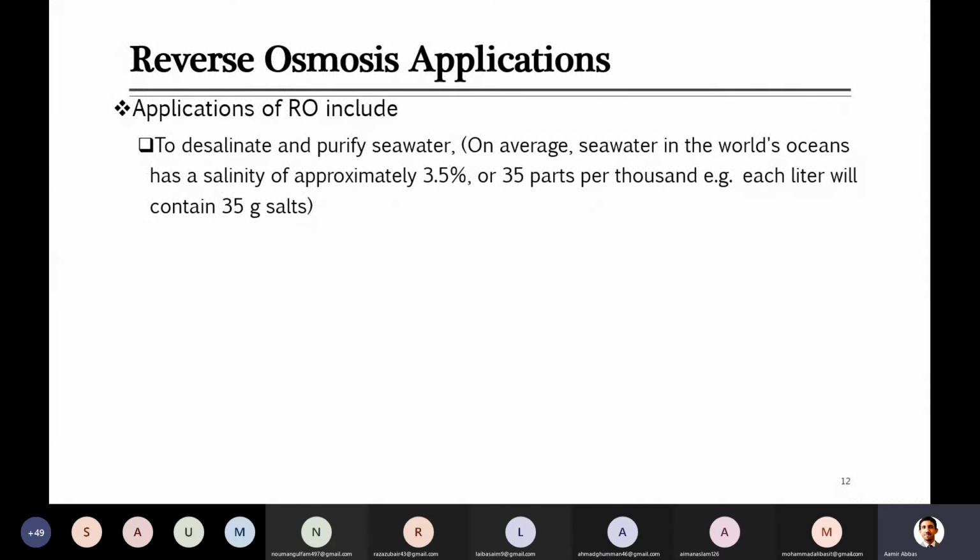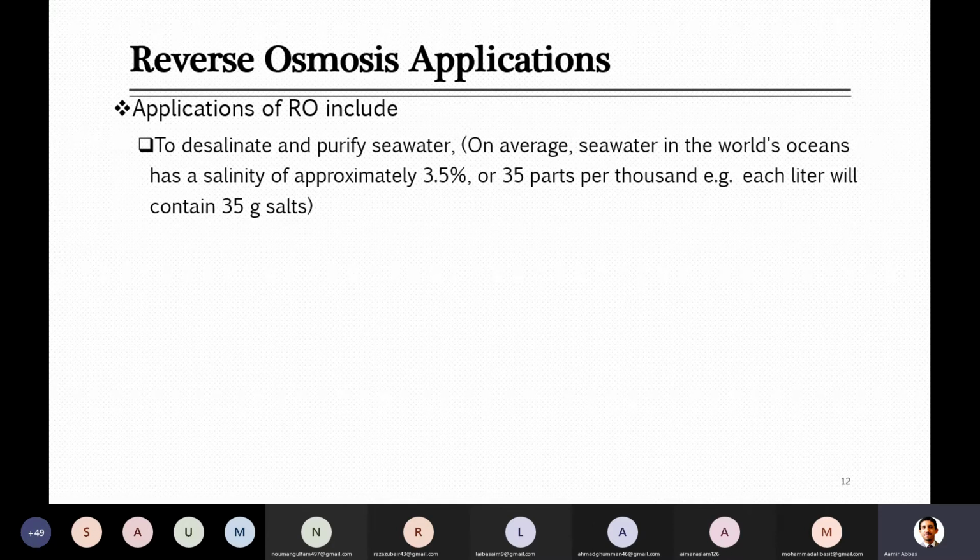On average, seawater contains approximately 3.5 percent salt. That is 35 parts per thousand, or 35 gram per liter.